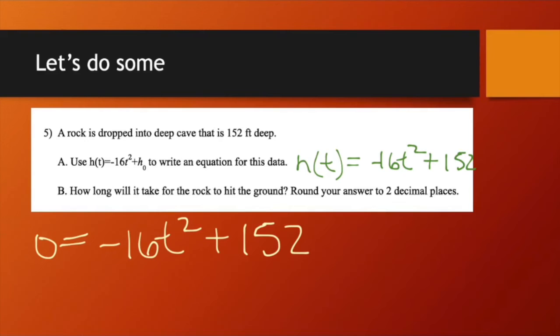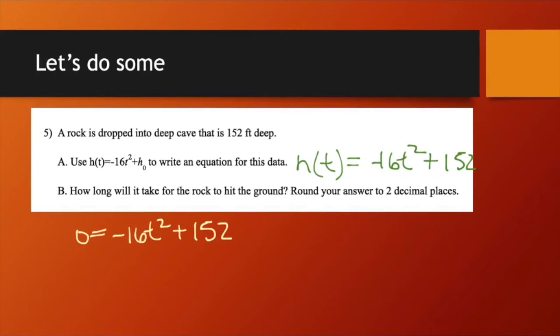I'm going to move the 16 over here. It'll be the same thing as what you're doing, but I'll have a 16t squared. And then we just find the square root of how many times 16 goes into 152, and then you put positive and negative. So I'm going to divide both sides by 16 when we're done, right? What is 152 over 16? And you know what? I might not even find the square root.